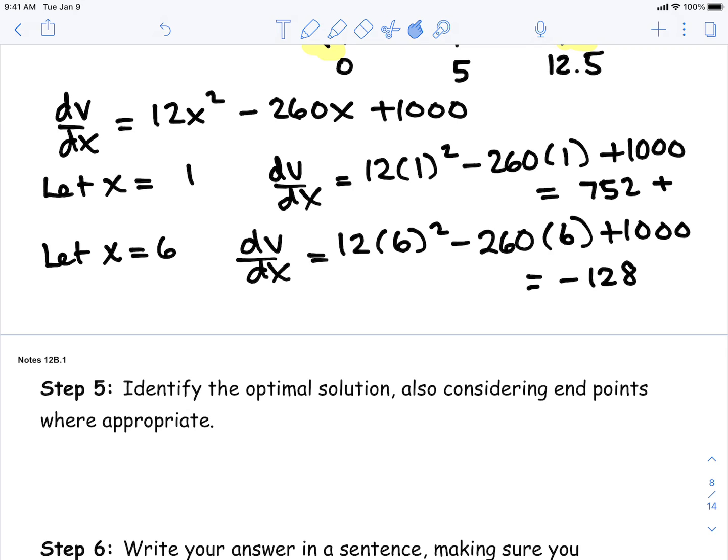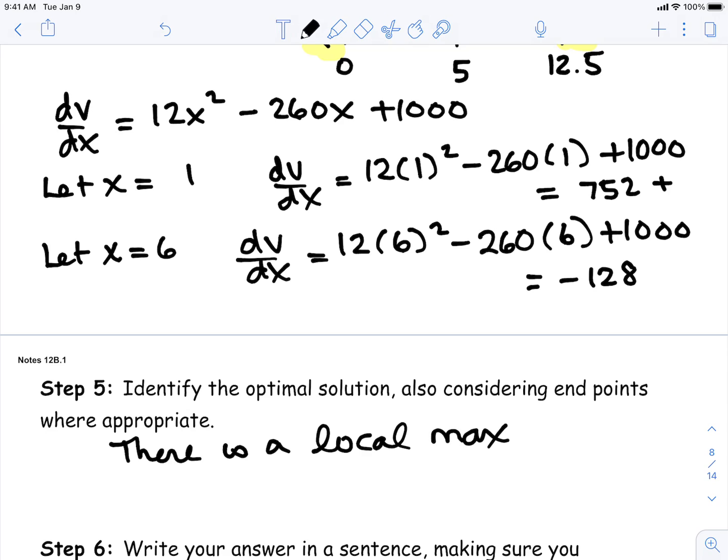So now we say identify the optimal solution. Also consider endpoints. So there is a local max when x equals 5. There's a global minimum, but it's outside our domain.